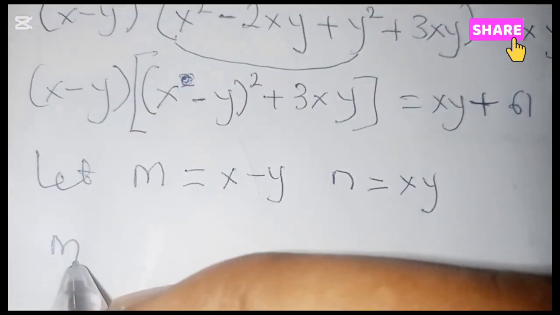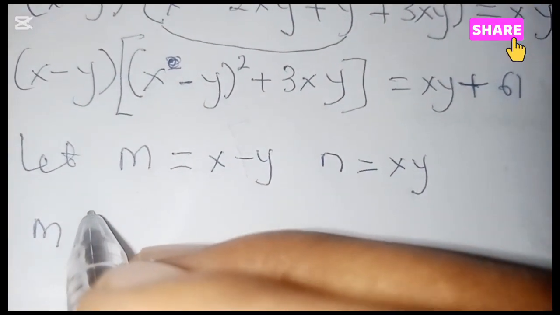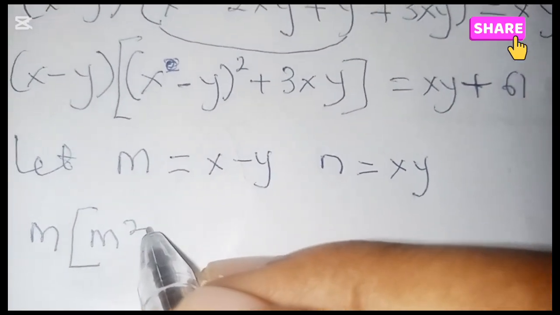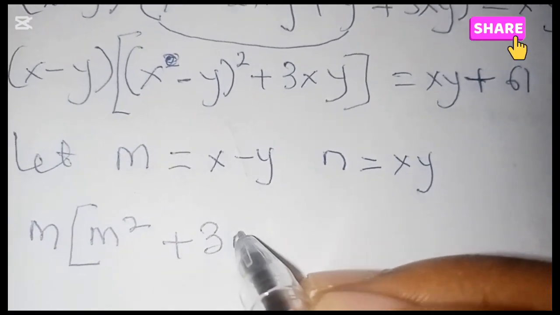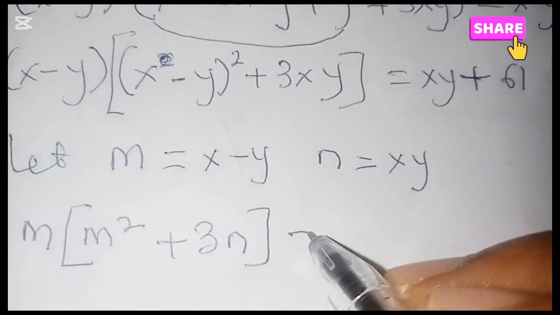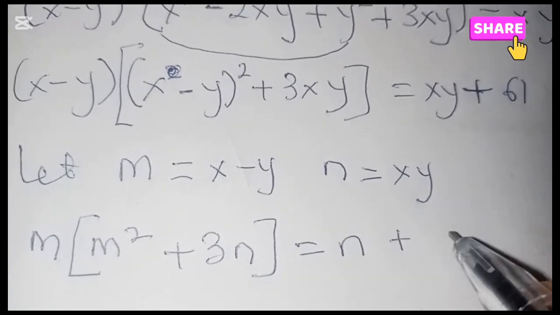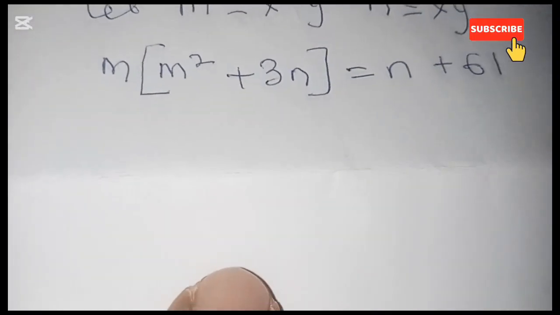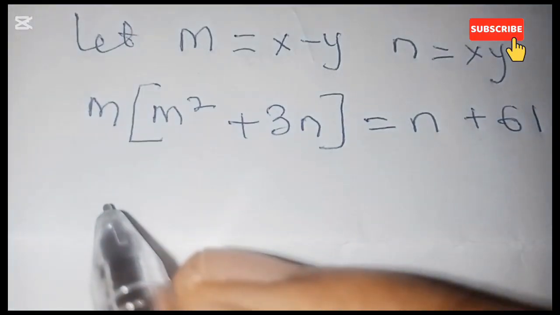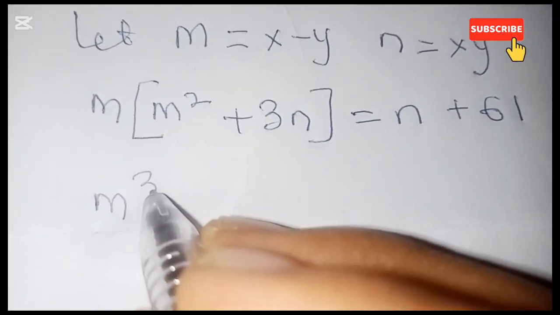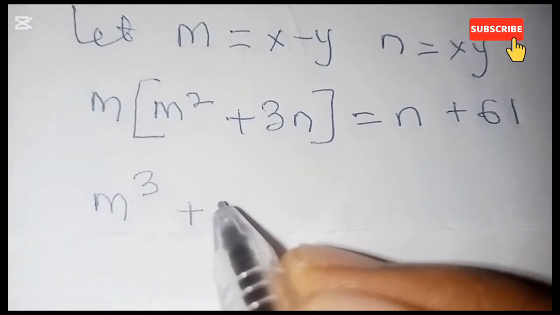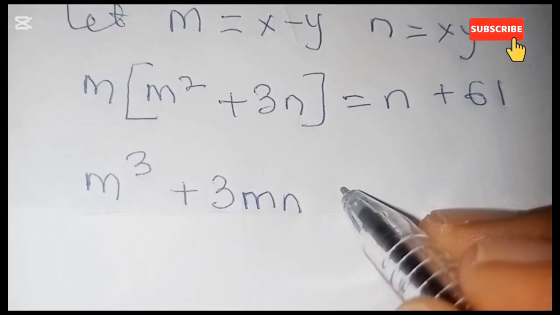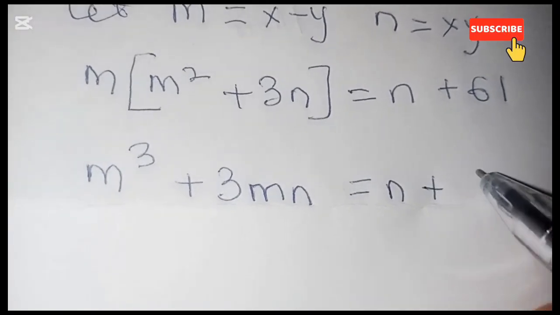So this gives us m(m squared plus 3n) equal to n plus 61. So the next thing we're going to do is to open the bracket, and this gives us m cubed plus 3mn equal to n plus 61.